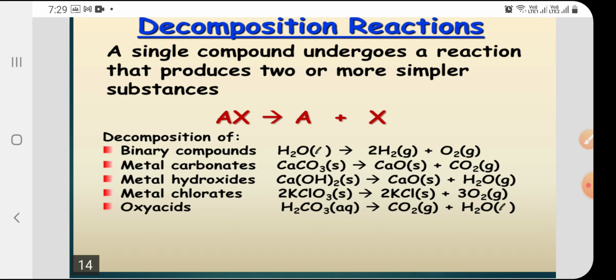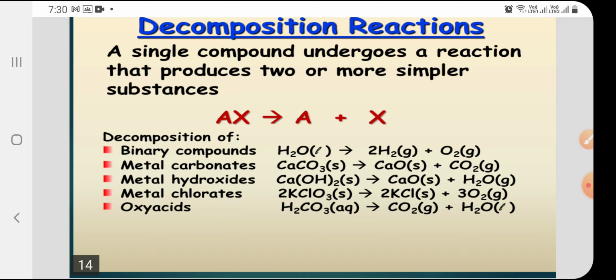Now decomposition reaction requires some medium, requires something to break the compound. It might be heat, it might be sunlight, it might be electric current. So according to the category, we are classifying the decomposition reaction into three categories.